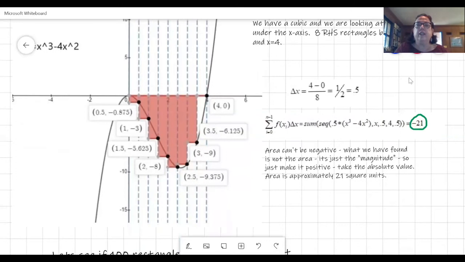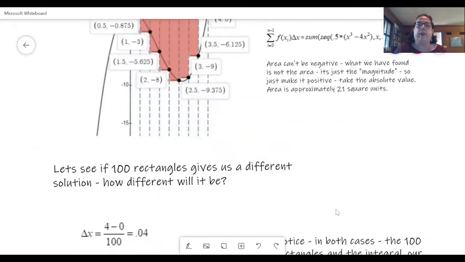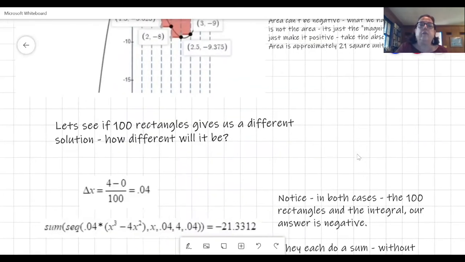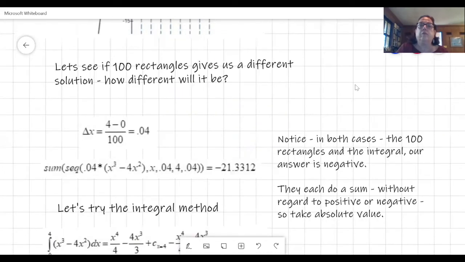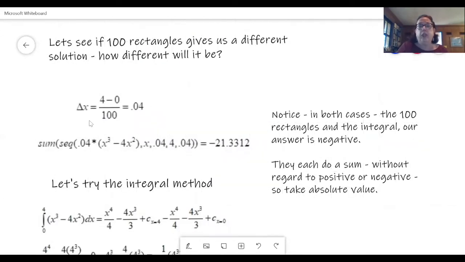Okay, so let's just see what would happen if we used 100 rectangles. With 100 rectangles, our delta x changes. 0 to 4 is the range, so 4 minus 0 over 100 is 0.04. And so 0.04 is the base of every rectangle. We're using the exact same function, and only the first x value, 0.04, and the delta x change.